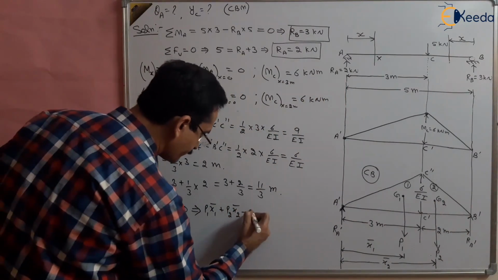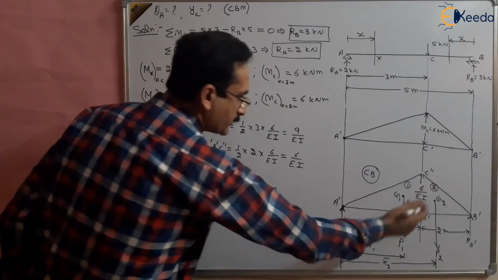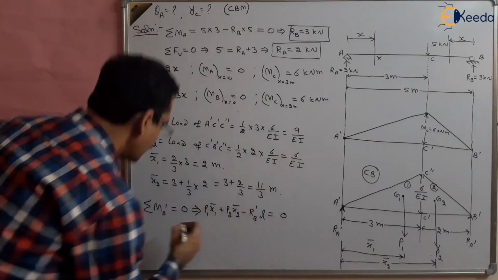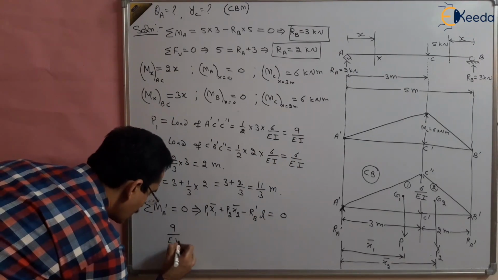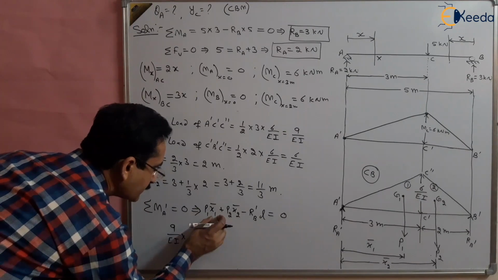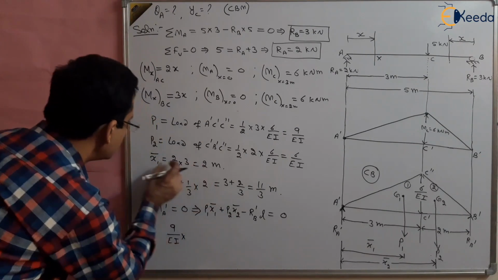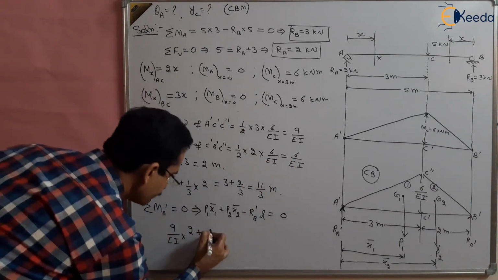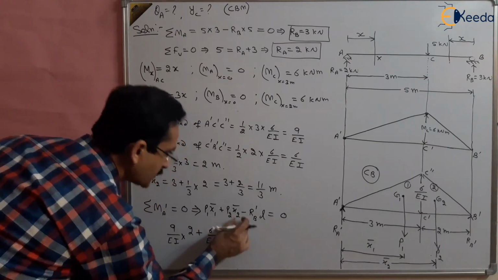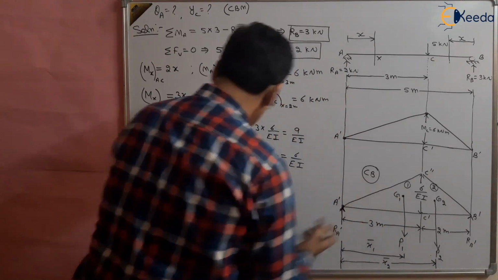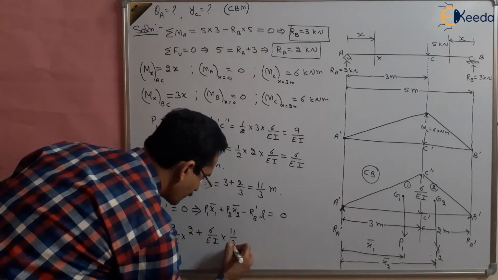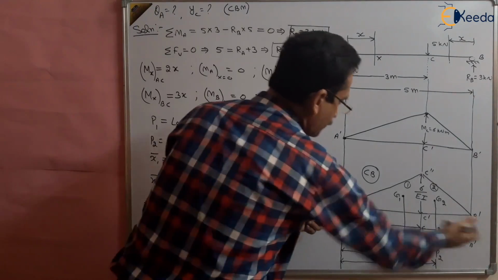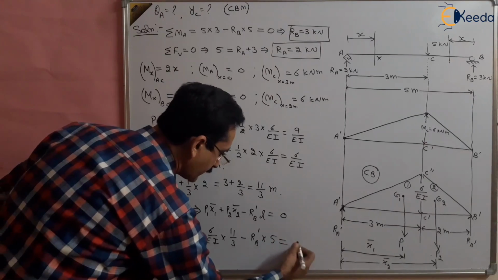So this will be minus RB dash multiplied by the total length of the beam, L, and that should be equal to 0. What is P1? That is 9 by EI. So this is 9 by EI multiplied by x1 bar, that is 2 meters, plus P2, which is 6 by EI, multiplied by x2 bar, that is 11 by 3, minus RB dash multiplied by L, the total length of the beam, that is 5 meters, equal to 0.